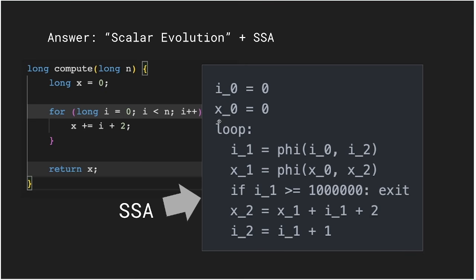Same for x. x starts out as 0, and then x also gets updated later in the loop. So when you're assigning x1, you could either have gotten this value from x coming from outside of the loop, or from the value x2, which is the value of x you got from updating x in the previous iteration of the loop.